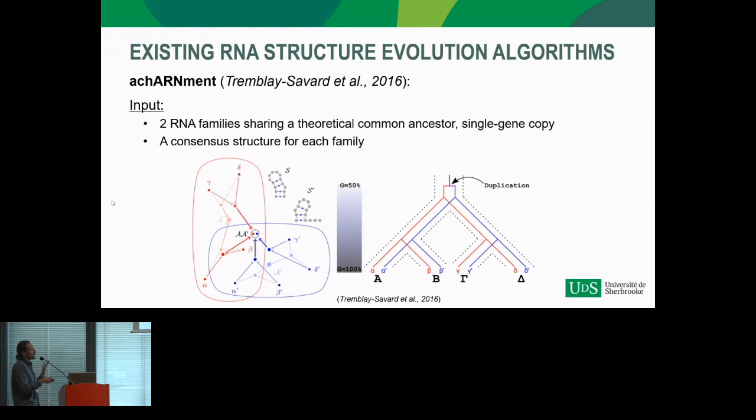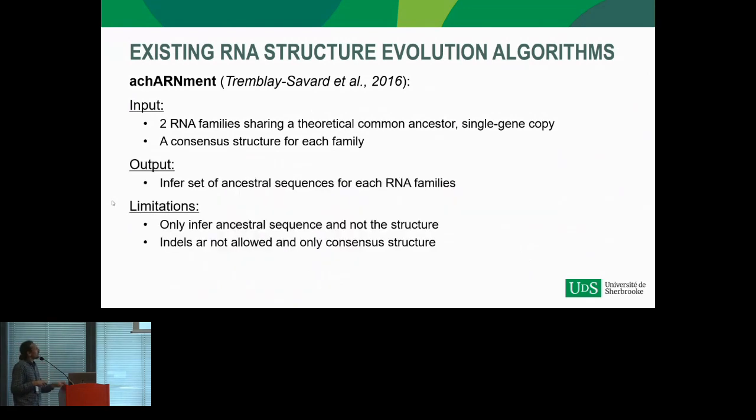Then, with a method based on Fitch parsimony, it will reconstruct the ancestral sequence based on the comparison of the consensus structures. When you go to the root of the tree, both consensus structures have the same weight to reconstruct the ancestral structure.